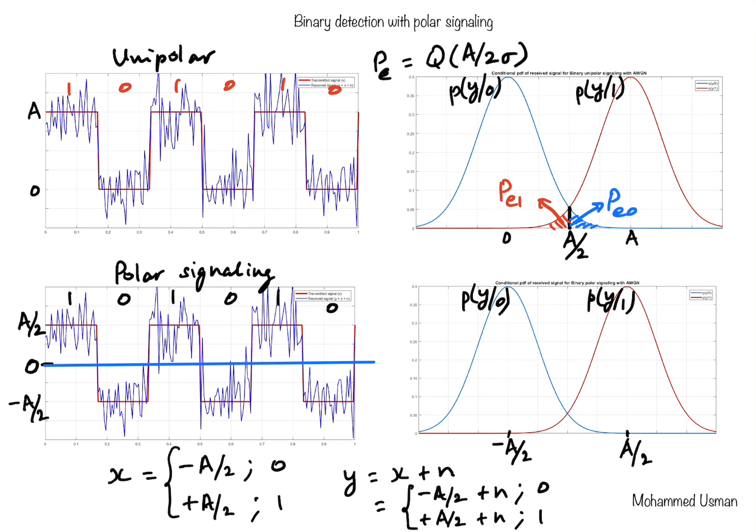From the conditional PDFs plot, the threshold of 0 will be exactly at the intersection point of the two PDFs, which is halfway between minus A by 2 and plus A by 2. They intersect exactly halfway between the voltage levels because of the symmetric nature of the Gaussian PDFs.